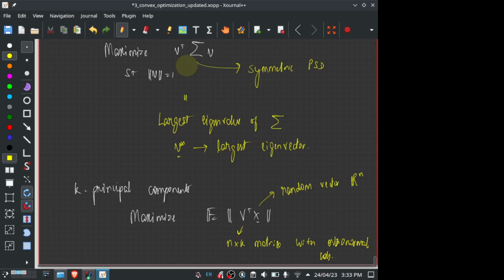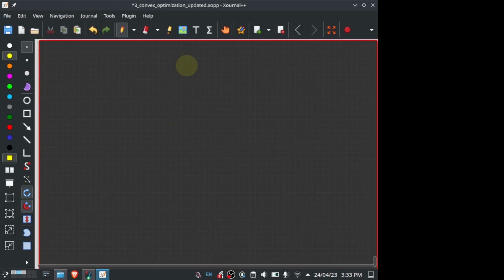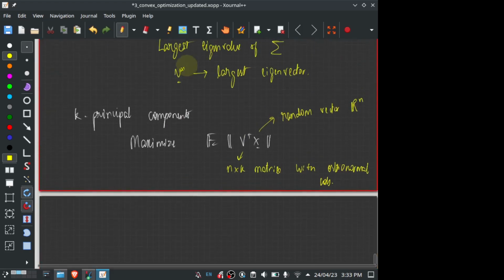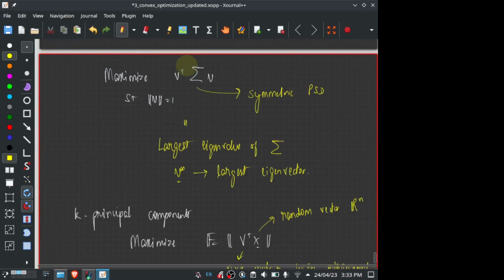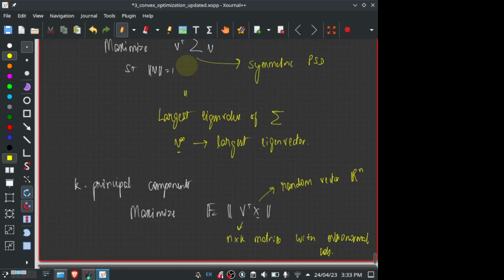Let's see if we can formulate this in a different way so that we can ultimately get a convex optimization problem. There are different ways of viewing the same problem, and one nice way to think about this is to approximate the positive semi-definite covariance matrix by a rank 1 matrix. Suppose I had the norm constraint that norm v equals 1.